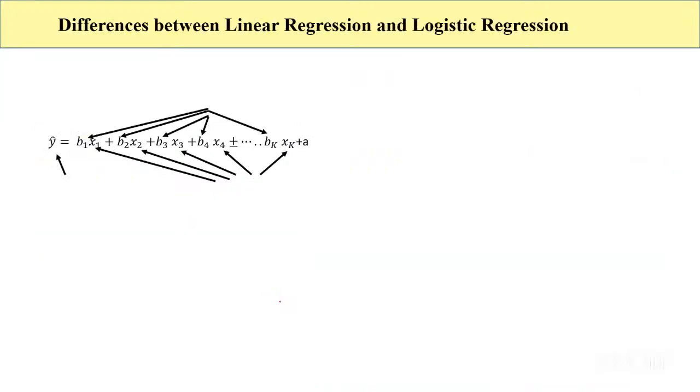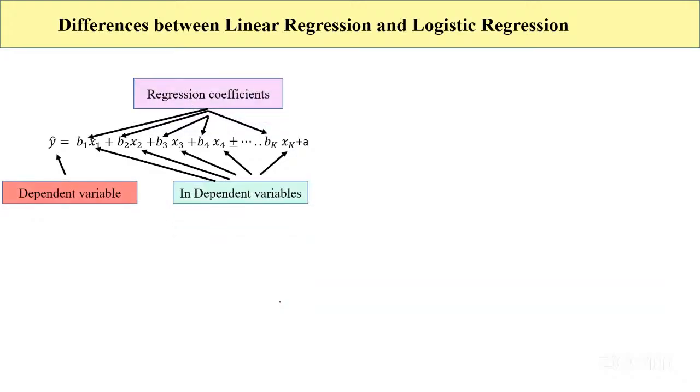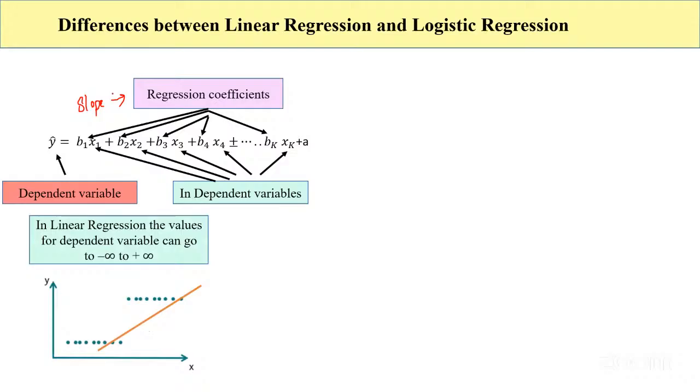Next, these are the basic differences between linear regression and logistic regression. In linear regression, the dependent variable depends on all the independent variables, and the slopes, B1, B2, B3, B4 and so on, are called regression coefficients, or simply slopes.